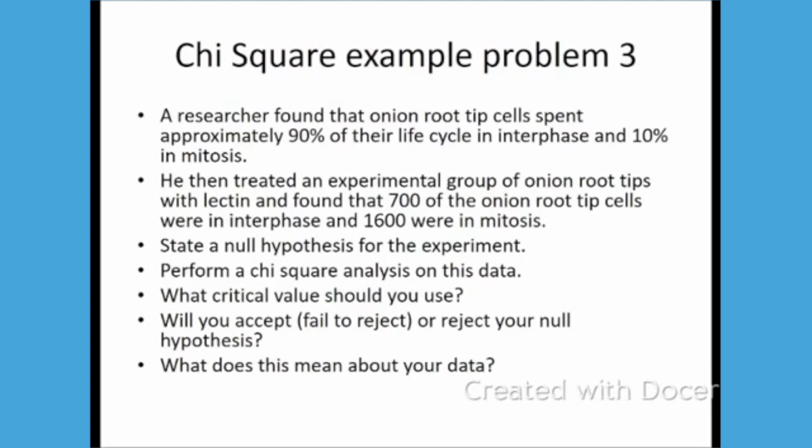We did our chi-square. We found that our chi-square statistic was much higher than our critical value. That told us to reject the null hypothesis. What that means in this case is that lectin apparently does have an effect, because our expected values were very, very different than our observed values. So what our test here is telling us, lectin is affecting the cell cycle.